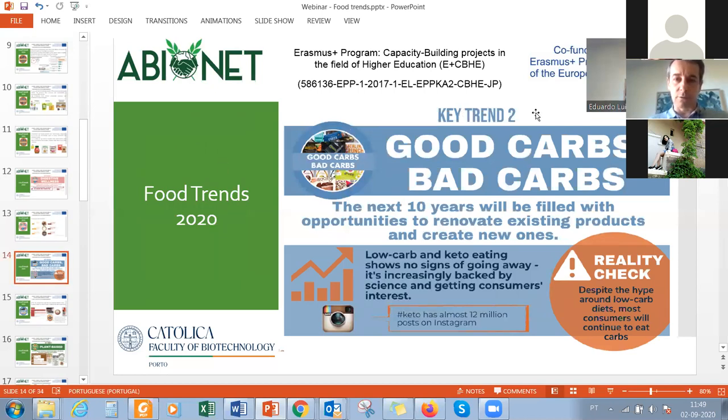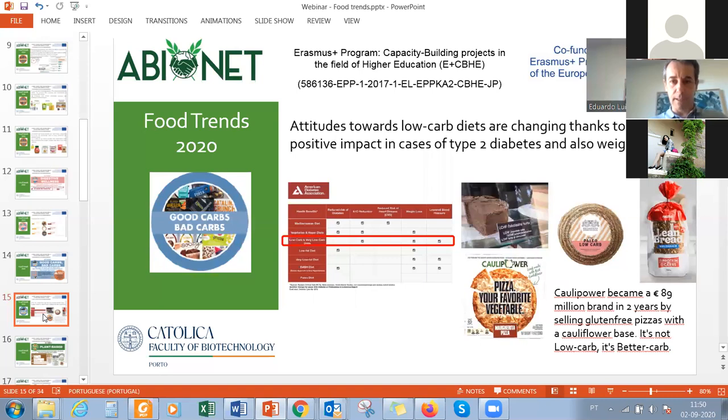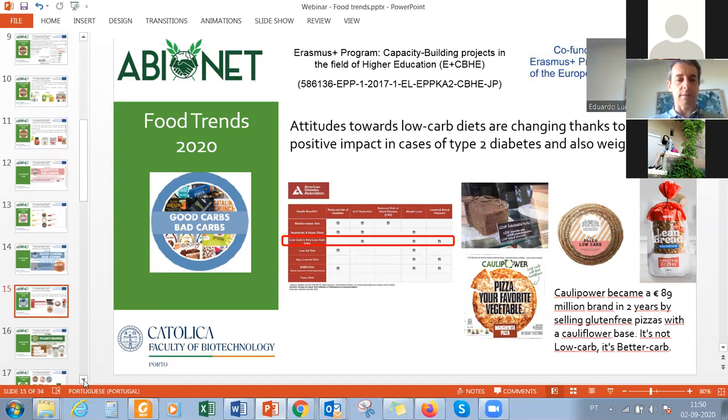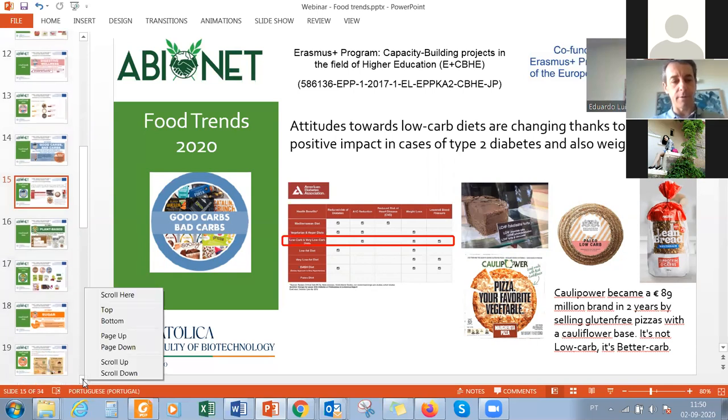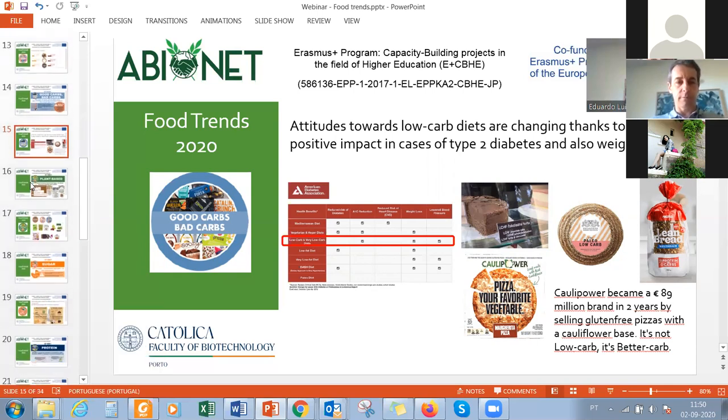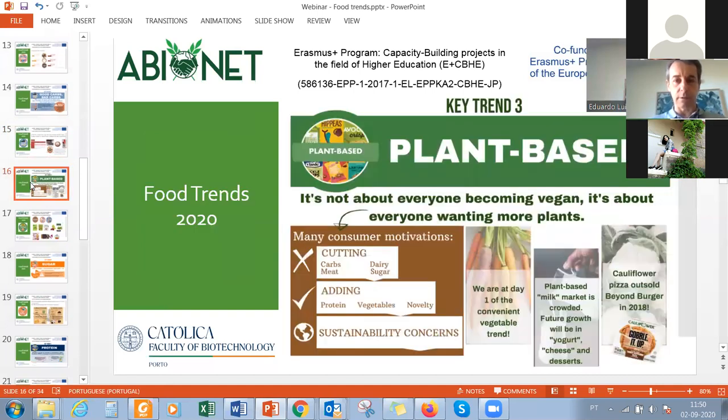Key trends concerning carbohydrates. We can probably see the same thing with sugar in particular, which is an issue, and sugar tax is starting to be deployed around the world. Plant-based food we already spoke about.